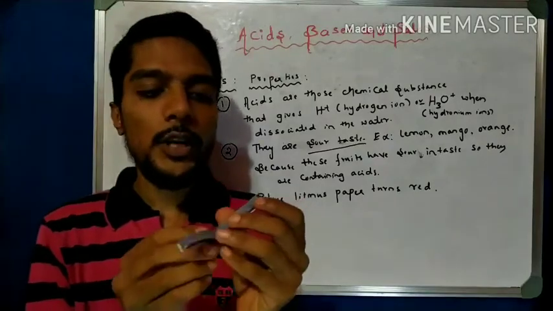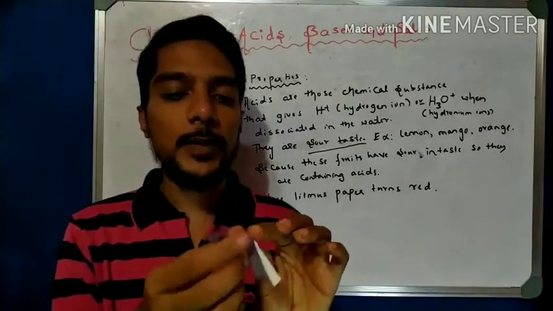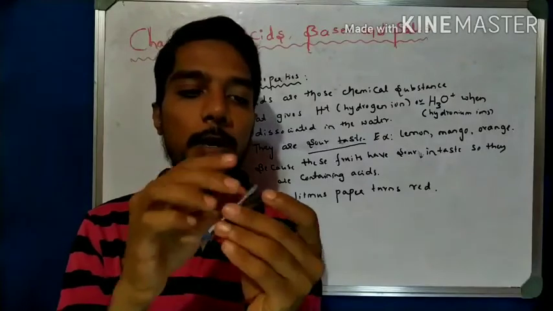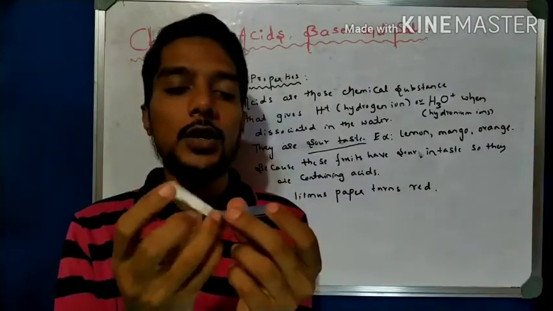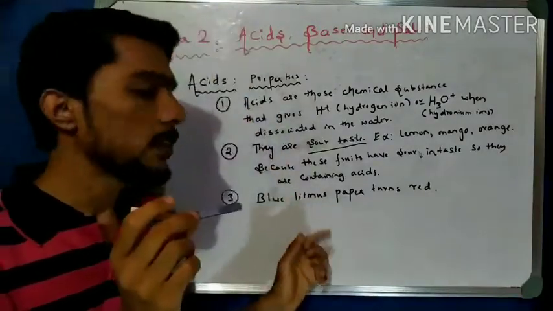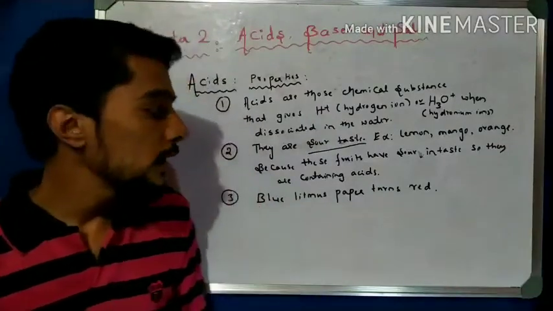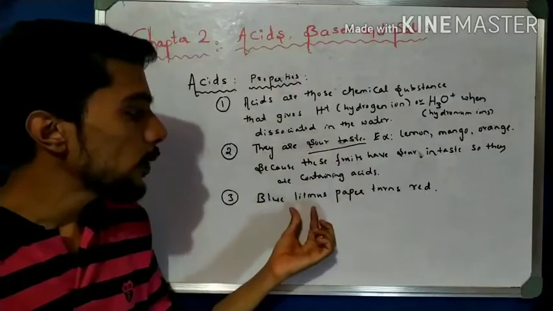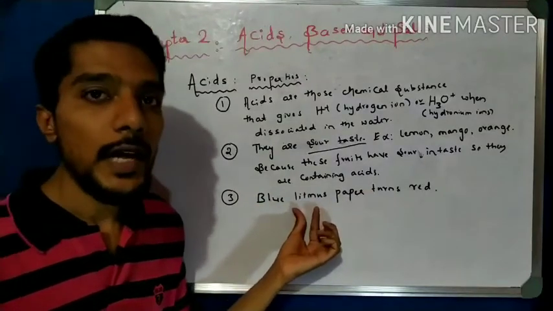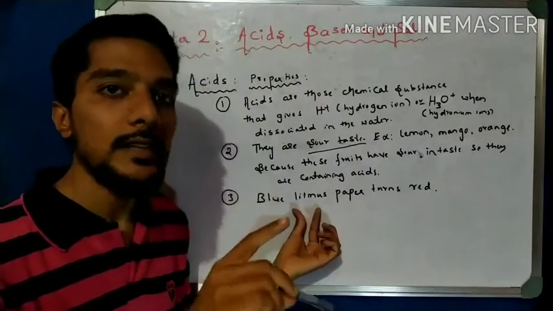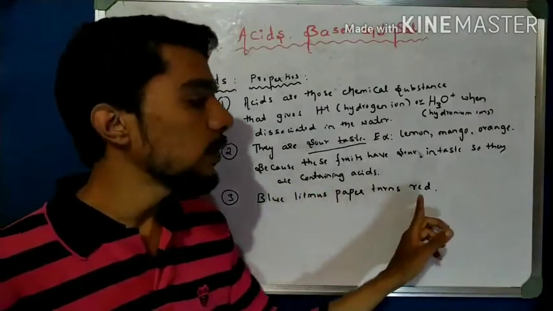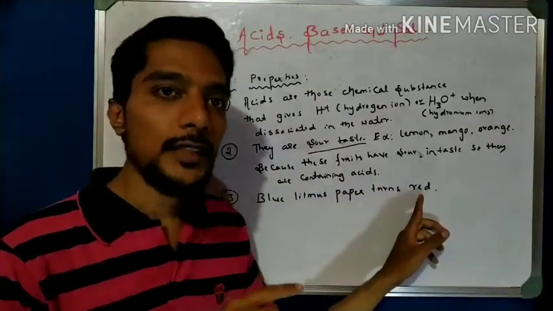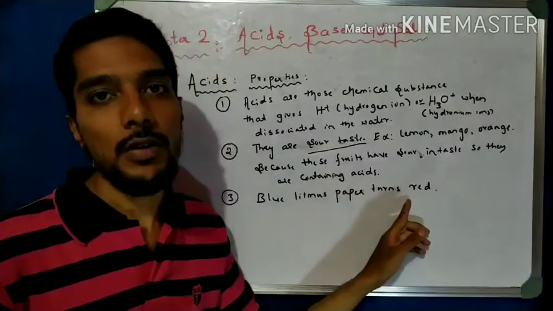Observe here, it is a litmus paper strip and it is blue in color, so it is a blue litmus paper. Now I do this activity. Blue litmus paper, when it comes in contact with a substance, if the substance is acid, then the blue is converted to red. If the substance is not acid, then no change in color occurs.